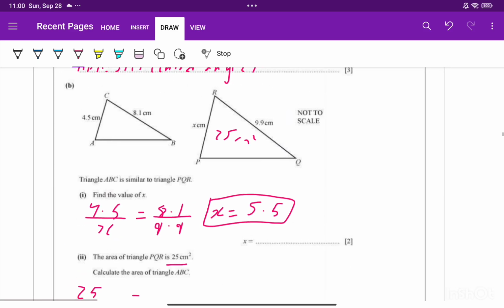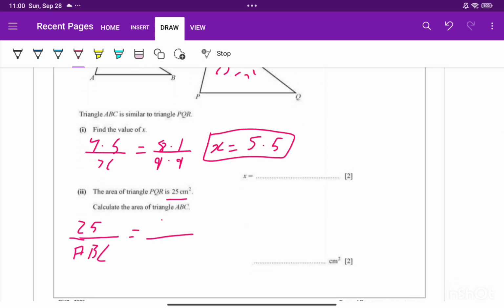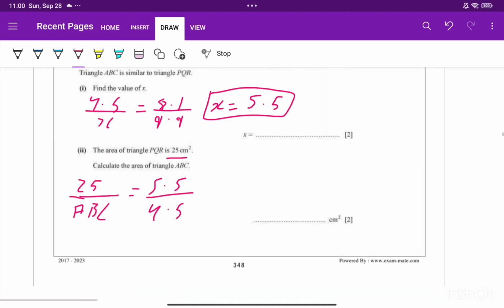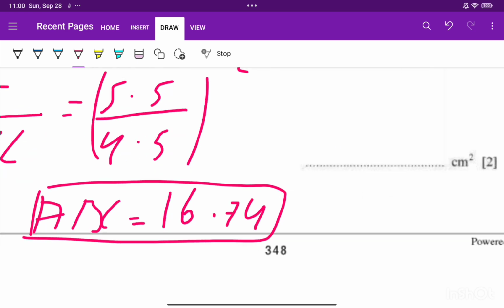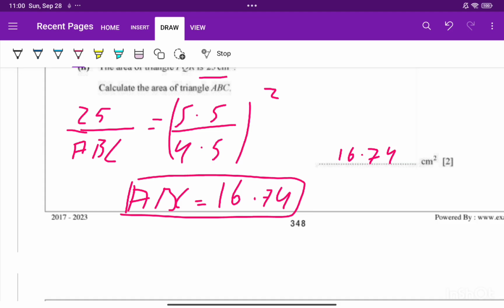So we could take AC or PR. AC was 4.5. Oh, sorry, 5.5. First we will write 5.5, then 4.5, and this will be squared. So ABC will be equal to 16.74. This is our answer, 16.74.